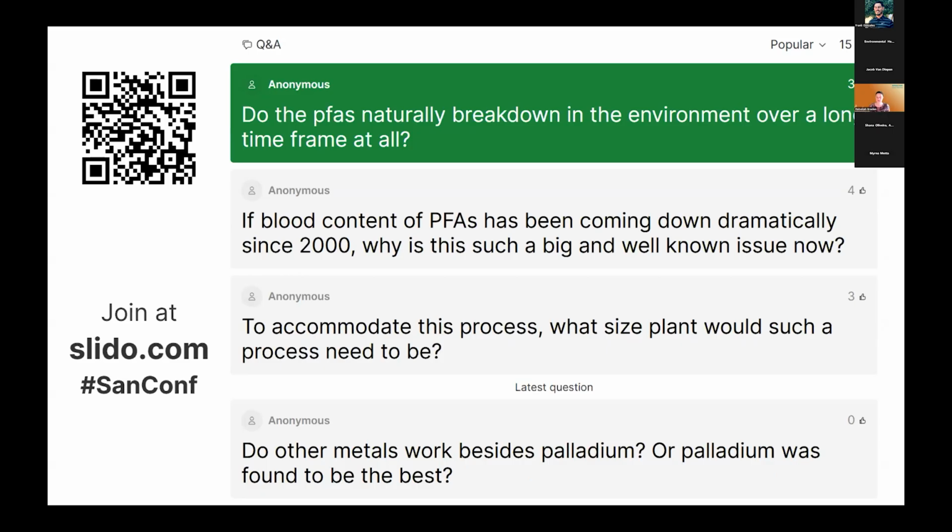So there's no one answer. Of course, the ones we're most concerned about are the really recalcitrant ones, the ones that truly are forever compounds. And there are a number of them in very common use where the breakdown under environmental conditions really is going to be slow.